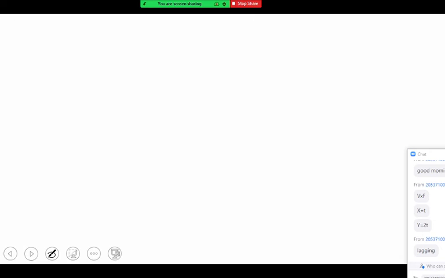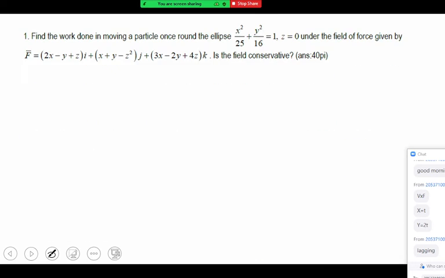Now come to the example. Question number 1: find the work done in moving a particle once around the ellipse. The meaning of this is one rotation on the ellipse, under the force F bar, which is given.